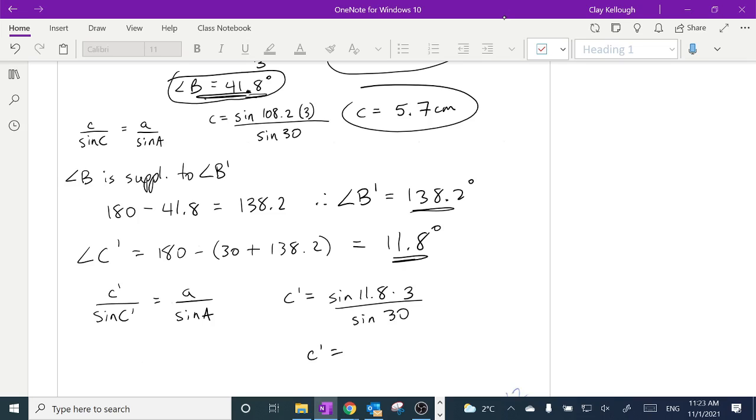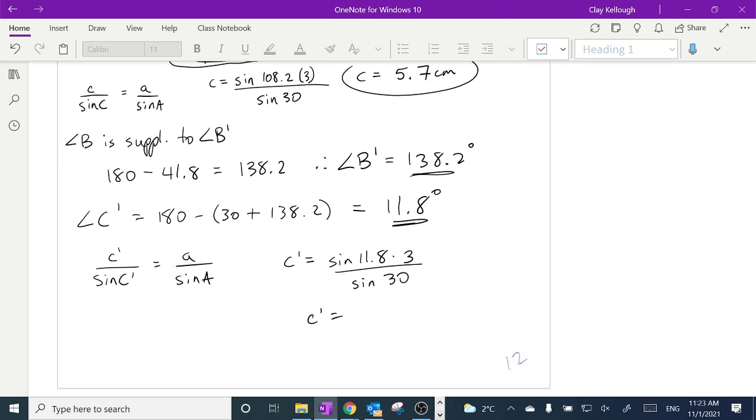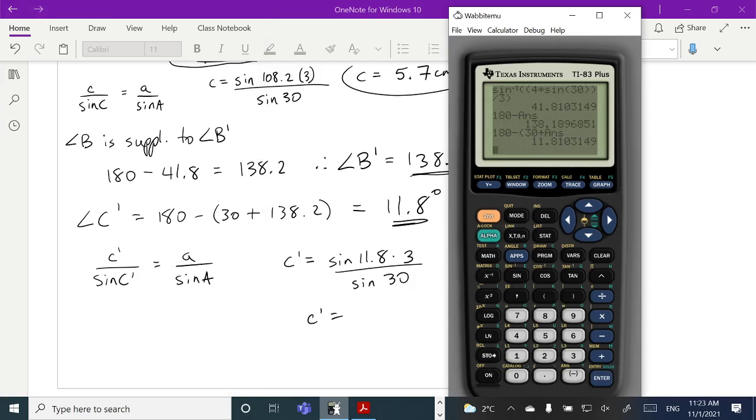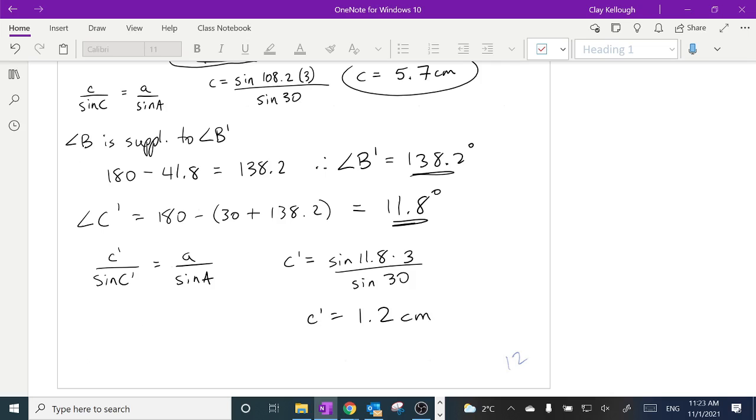So C primed is, and okay, calculator, behave yourself when you come back this time. There we go. Sine of the answer I just had times 3, divided by sine 30, equals, and ooh, that's a tiny number. Are we expecting that? Let's have a look.